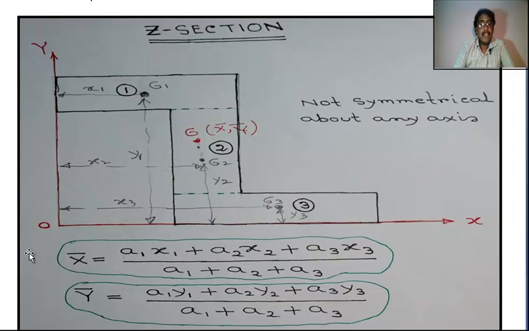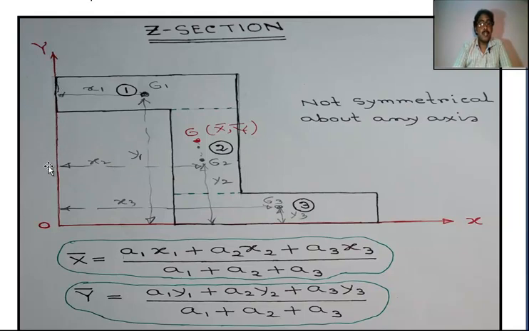First draw the x-axis and y-axis. This is y-axis, this is x-axis. If we draw a line parallel to x-axis, this section is not divided into two parts.